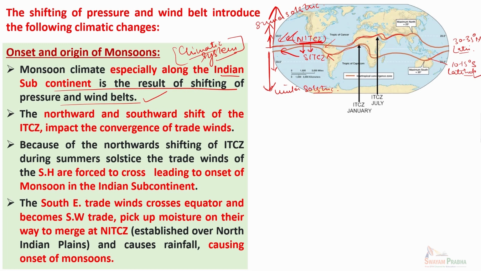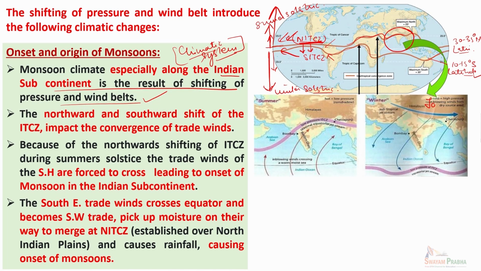But this shifting leads to a very dramatic type of climatic conditions along the Indian subcontinent. During the January time period, when the intertropical convergence zone is located just south of the geographical equator, the northeast trade winds converge along this zone from the north, and southeast trade winds converge from the south.